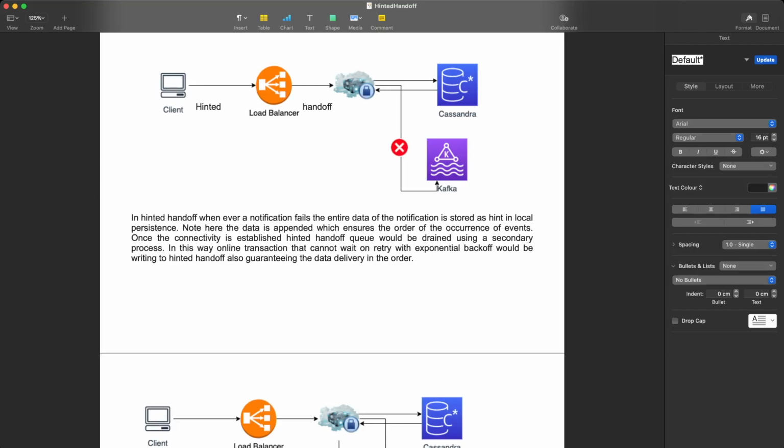Let me come to what hinted handoff is later, but understand that we can solve this with an approach called retry. During transient failures, if the retry window is long enough, we would be able to retry and then notify.